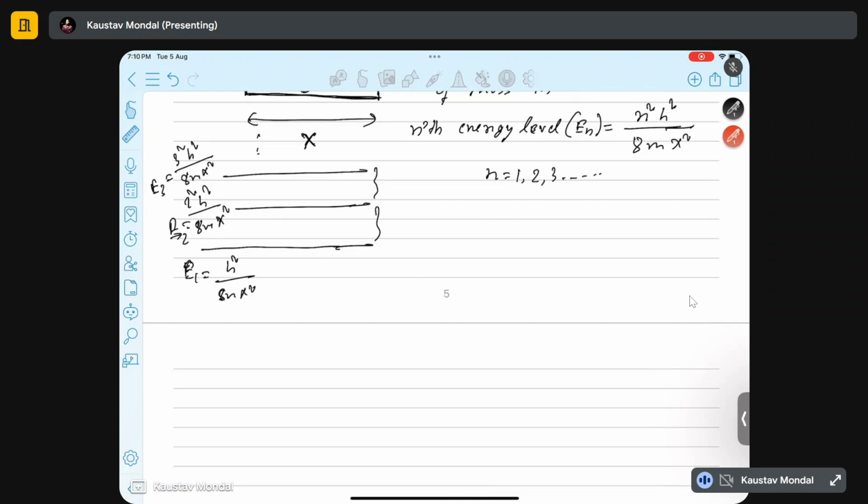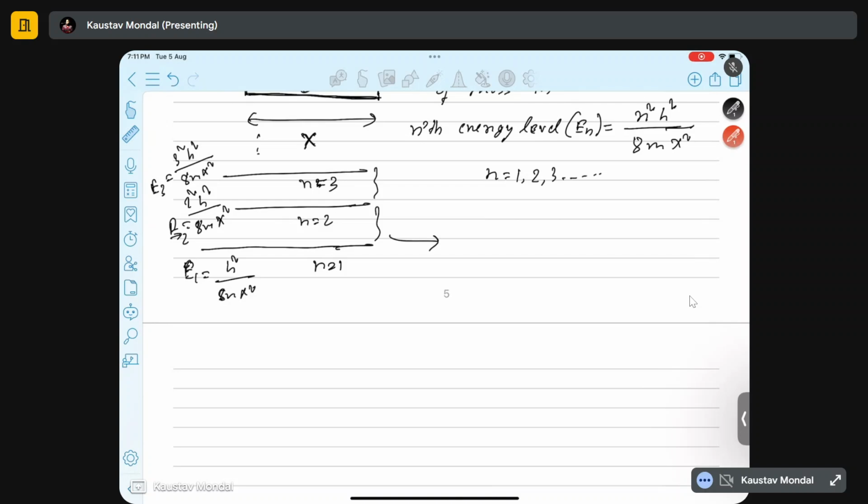Now for simplification, as the lowest energy state has n equal to 1, n equal to 2, n equal to 3, just for the sake of calculation, we will make the n equal to 1 state have 0 energy.